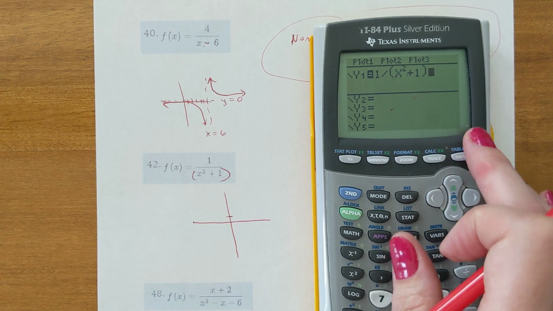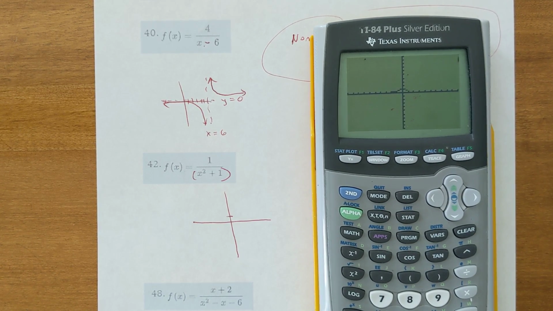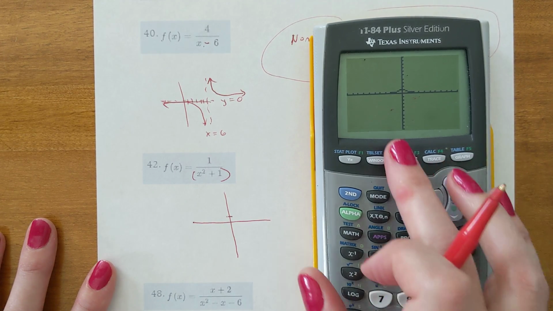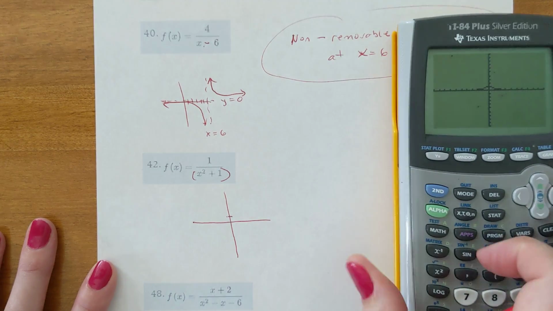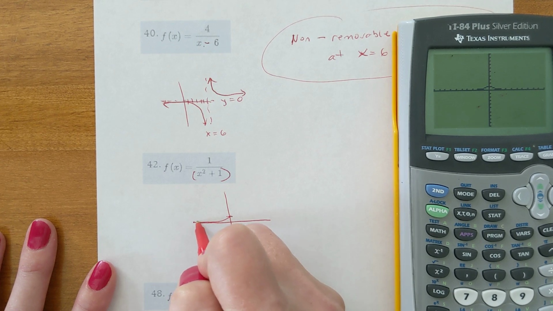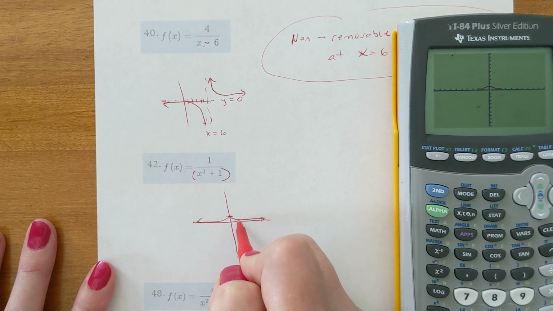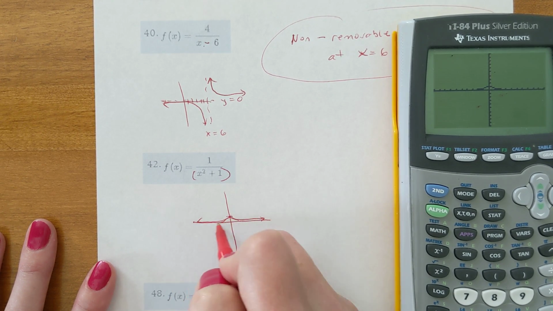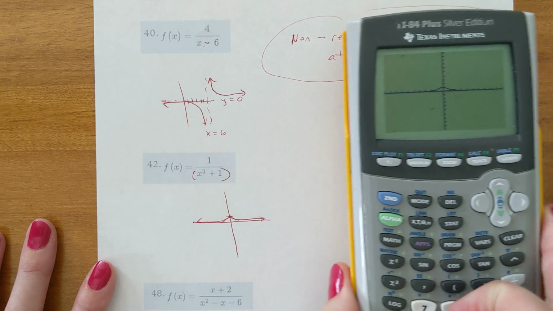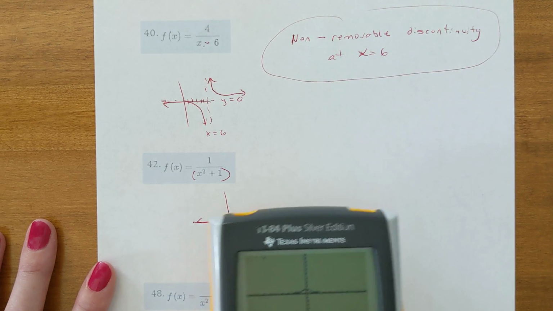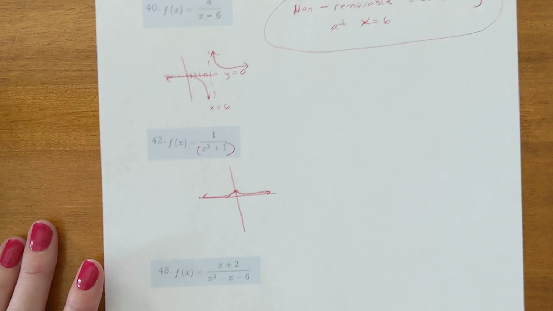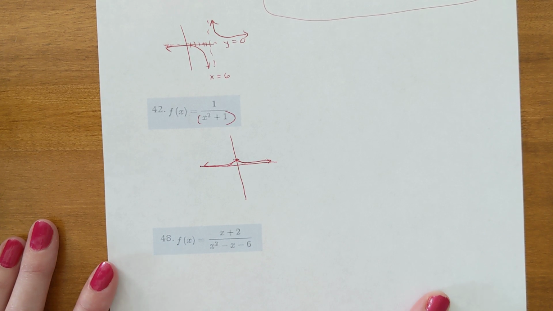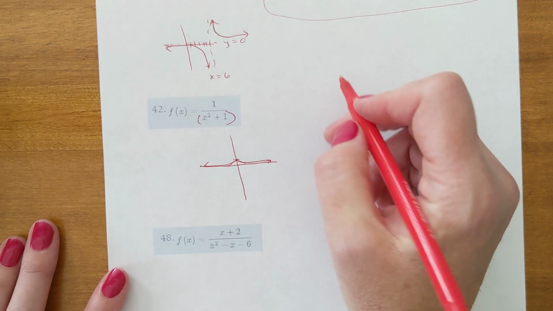There we go. Okay, so you can see it goes up at 0 to the number 1, and then it goes down forever to the left and right, but it is continuous. There's no holes or anything. It just keeps going. It's continuous on the whole thing because there's no holes and no gaps. So it's continuous.